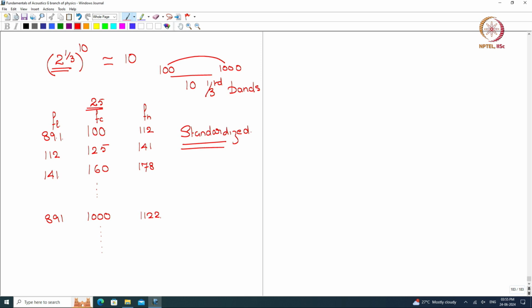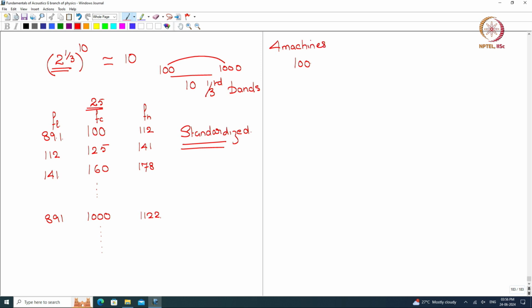Okay, so now let us say in the 100 hertz band there are 4 machines. I am just giving an example.